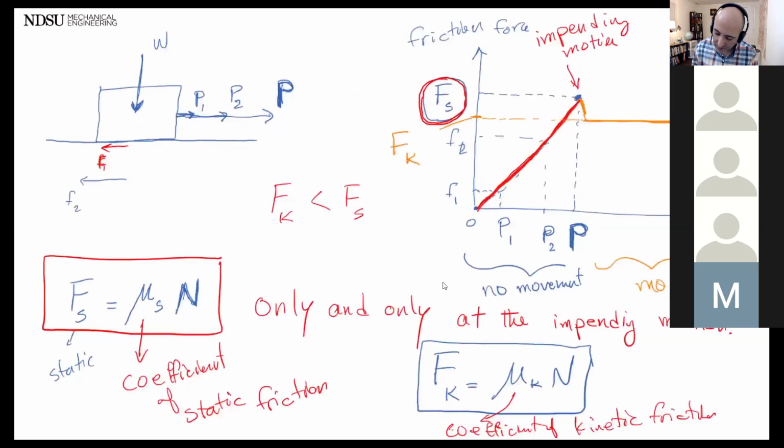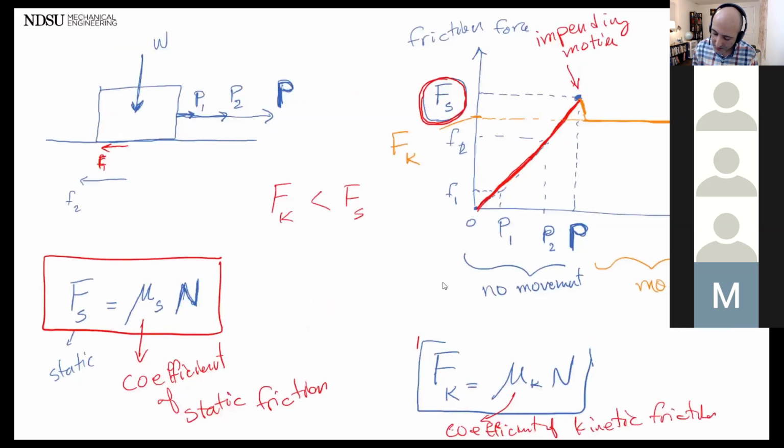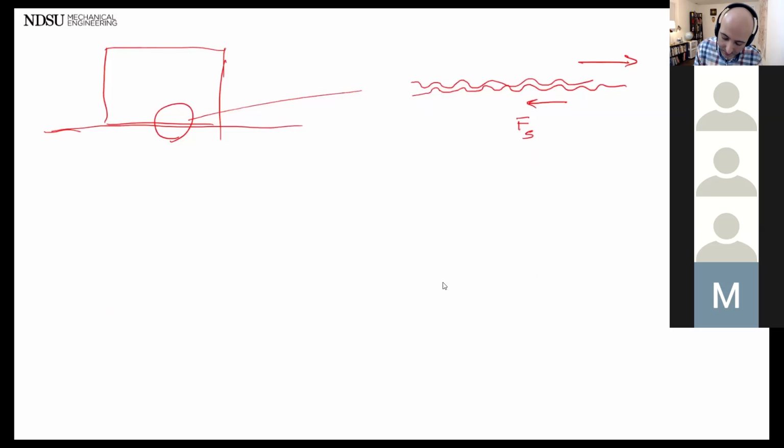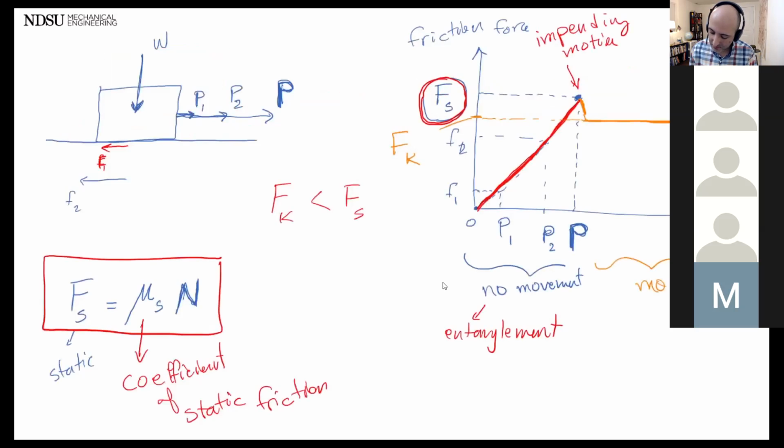The mechanism of friction is more entanglement. Okay, when the movement starts happening, these ridges start sliding on each other. So the mechanism becomes a sliding of those ridges and grooves.